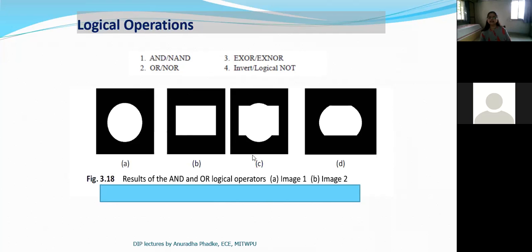Try to guess this logical operation between A and B. We have performed some logical operation between A and B, and after this operation, we are getting, say, result C. Okay, so here, yes, I'm getting a few answers, but I think these answers are not correct.